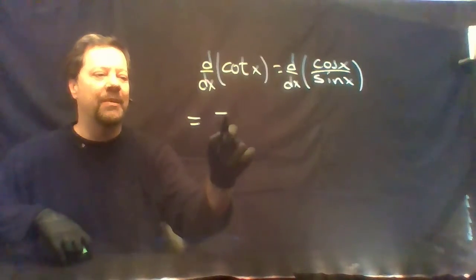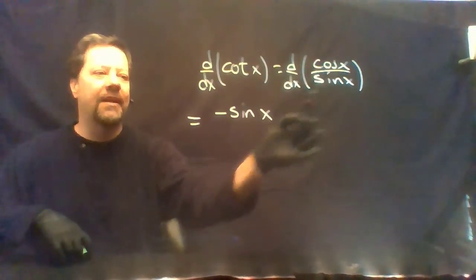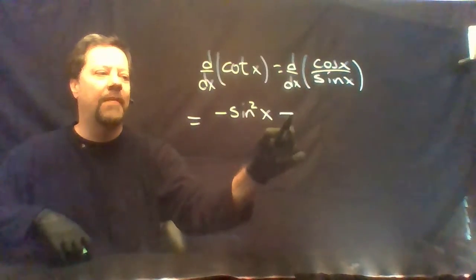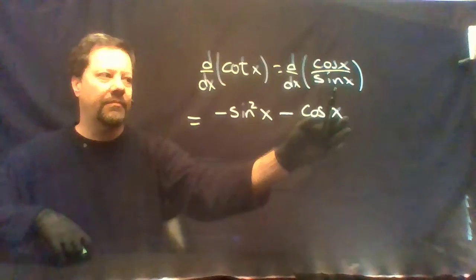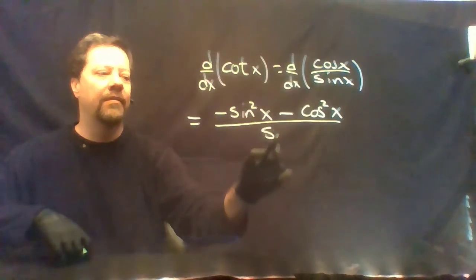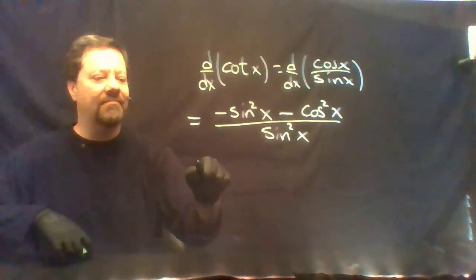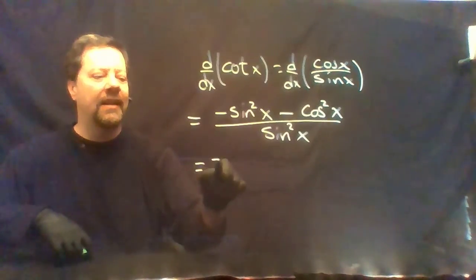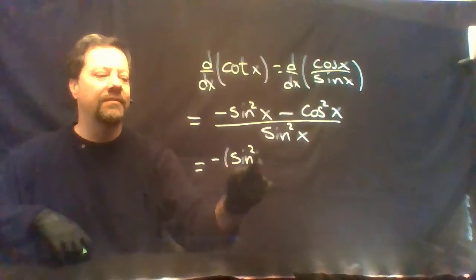Derivative of the top times the bottom minus the top times the derivative of the bottom over the bottom squared. Now the numerator has a common factor of minus 1. I'll factor that out.